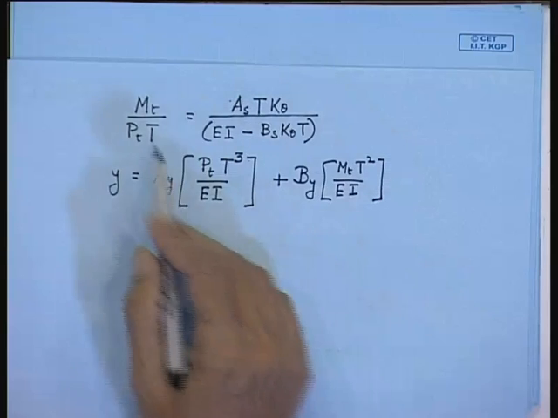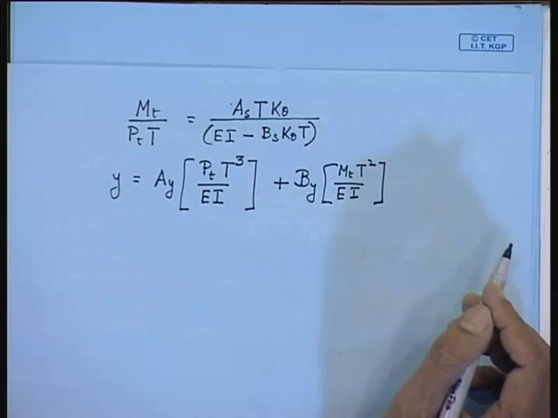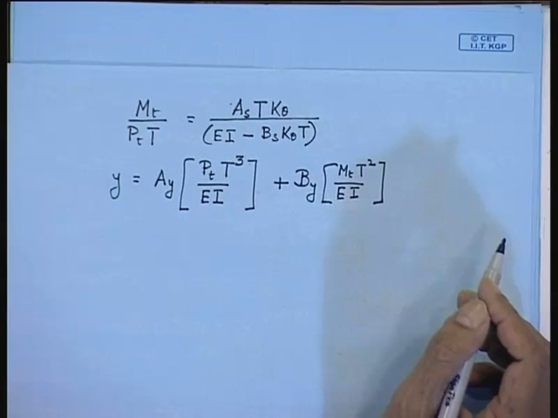Now, in this equation, you try to bring this factor. So, this factor if you want to bring, then you have to make some correction. So, this becomes how much?